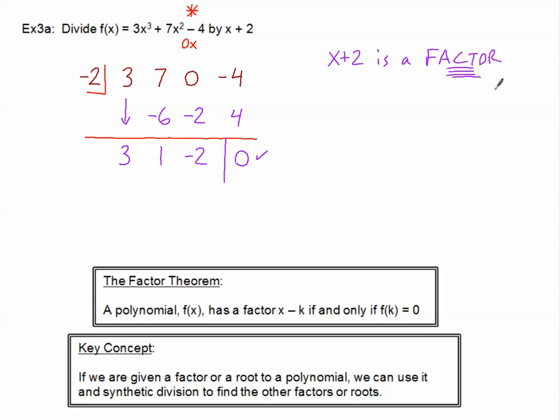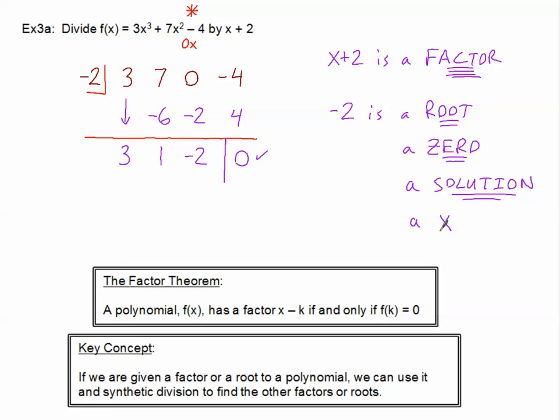If x plus 2 is the factor, now we know that negative 2 is a root, is a 0, is a solution, is an x-intercept.